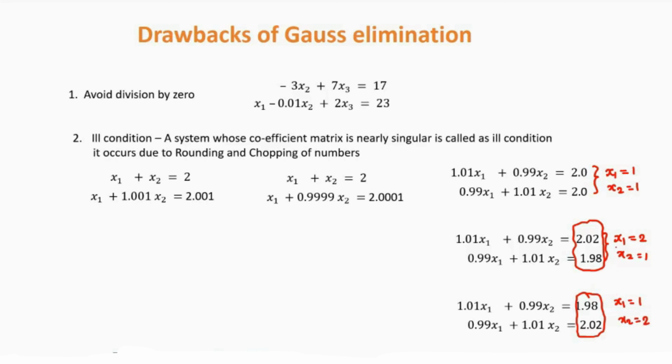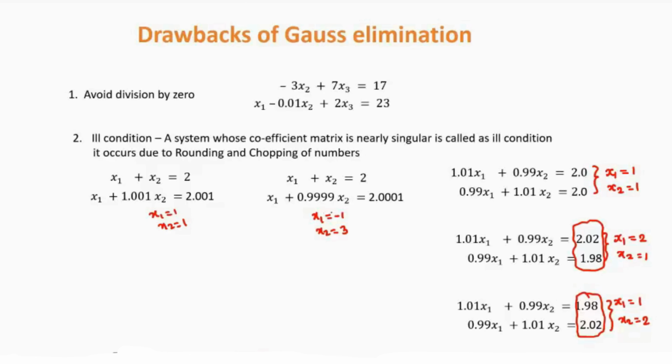So like this, minor changes in the input values lead to a drastic change in the output value. So here you will get x1 is equal to -1 and x2 is equal to 3, and here you will get x1 is equal to 1 and x2 is equal to 1.